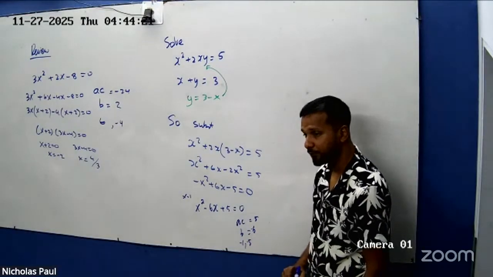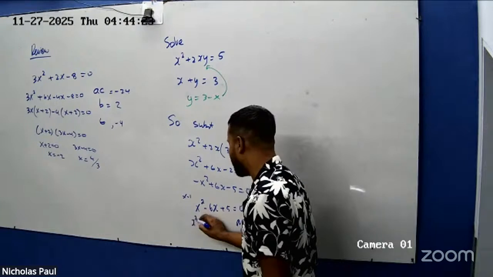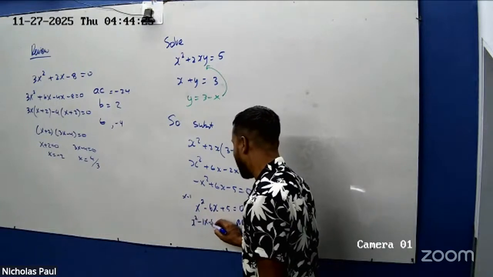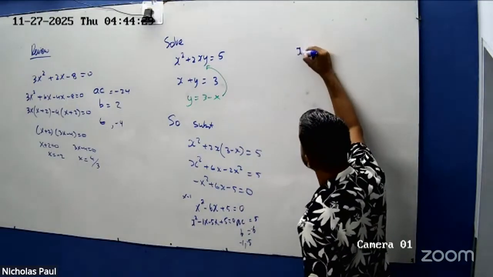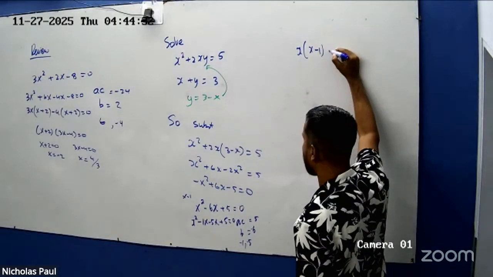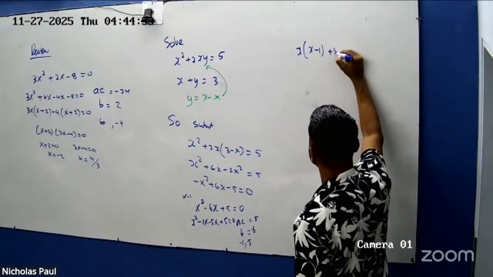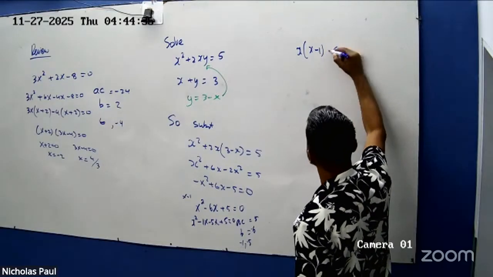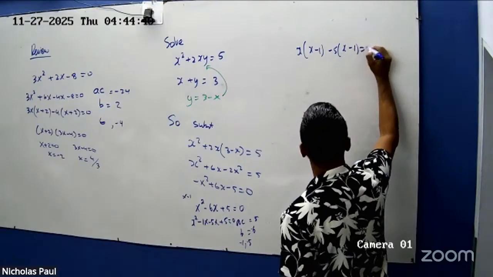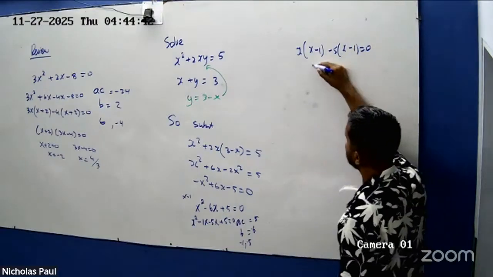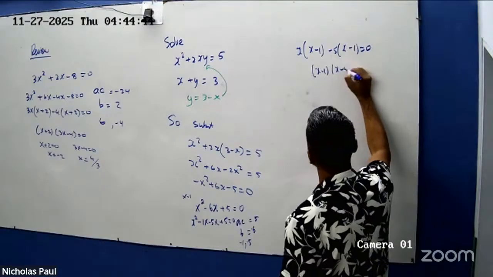So here will be x squared minus 1x minus 5x plus 5. Factorize, factor out minus 5, sorry. You'll get x minus 1 by x minus 5.